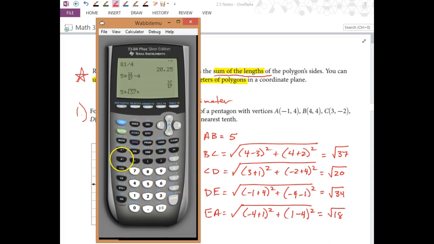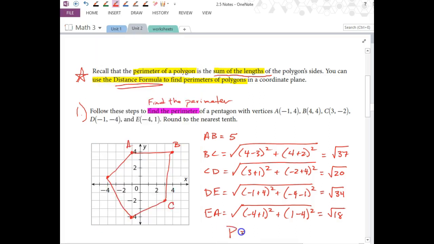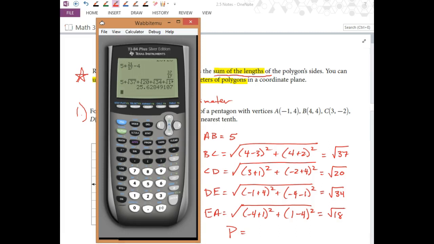Plus square root 20, plus the square root 34, plus square root of 18. What I'd like you to round to is 3 decimal places. I'm going to use a big capital P. The perimeter of our polygon is 25.628. Did anybody else get that answer?